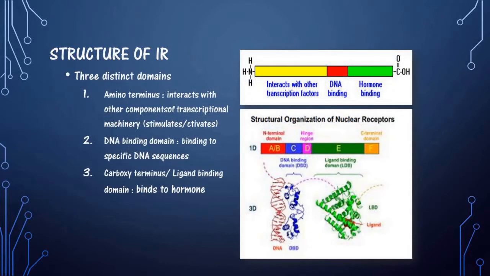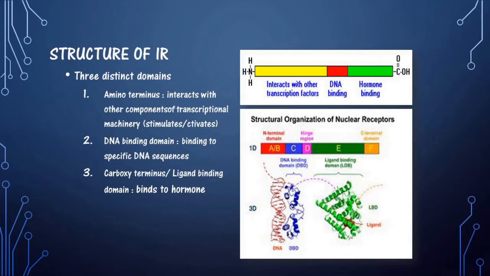This is the basic structure of an intracellular receptor. It has three distinct domains. One is the amino terminus, or the N-terminal end, which interacts with other components of the transcription machinery and can act for stimulation or activation. Second is the DNA binding domain, binding to specific DNA sequences.